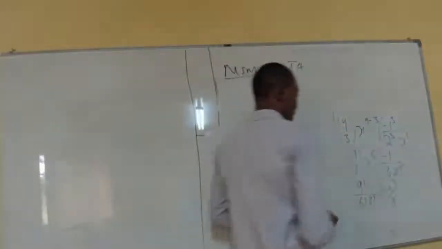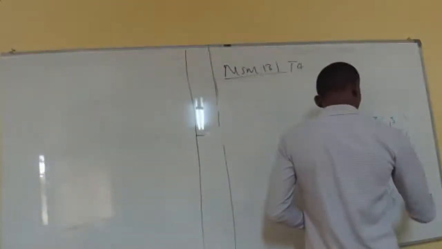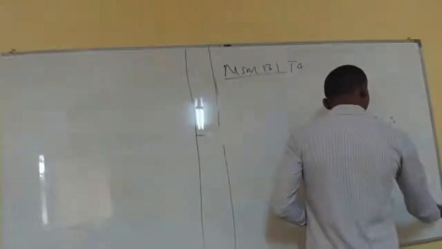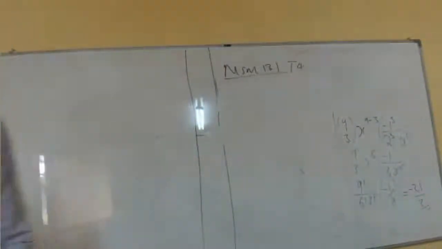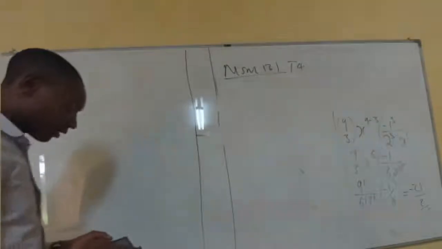So this is equal to negative 21 over 2. So that will be the final answer which you have for that question. Alright, next question.